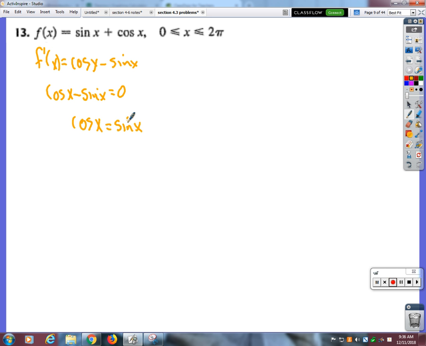One place where this happens is in a 45, 45, 90 because cosine is adjacent over hypotenuse and sine is opposite over hypotenuse. So if the adjacent and the opposite are both the same, then the sine and the cosine are also going to be the same. So that's a 45-degree angle, but we're in calculus class, so we always want our answers in radians. So that's pi over 4.